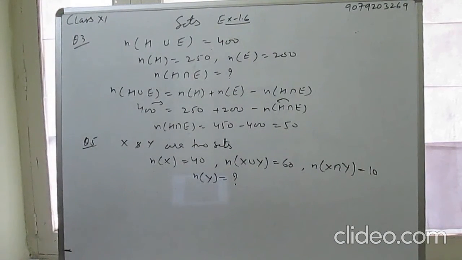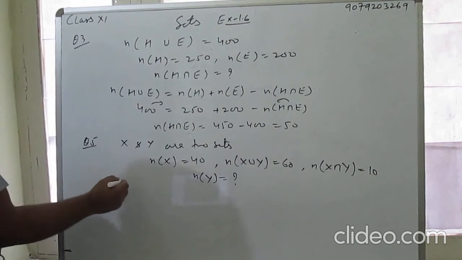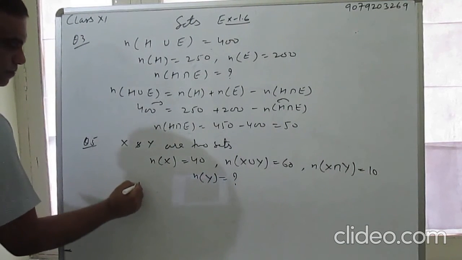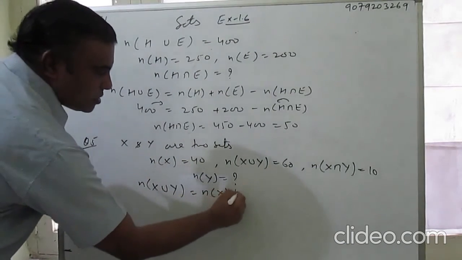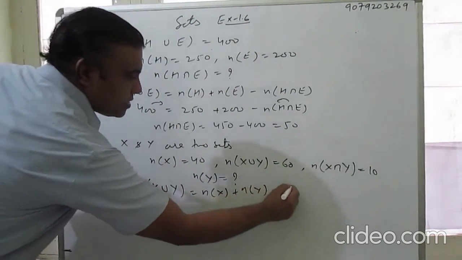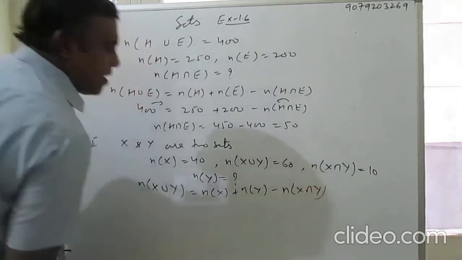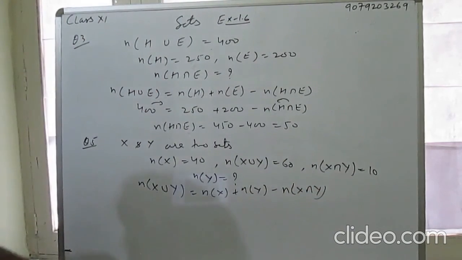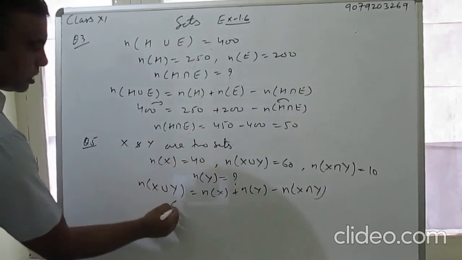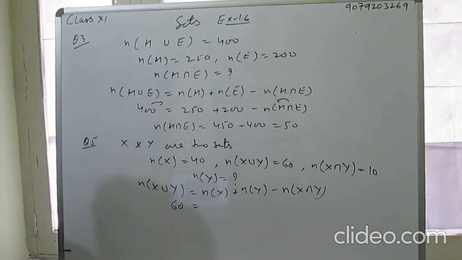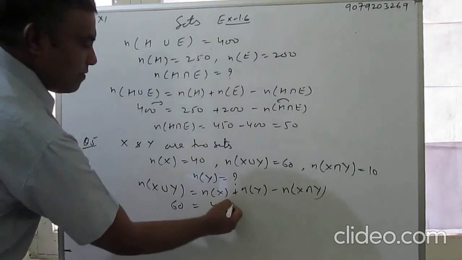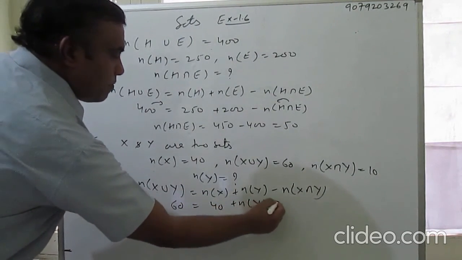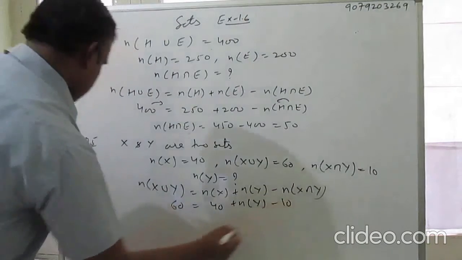The same formula we can use. We know that n of X union Y is equal to n of X plus n of Y minus n of X intersection Y. Now 60 is equal to 40, plus n of Y which we don't know, minus 10.